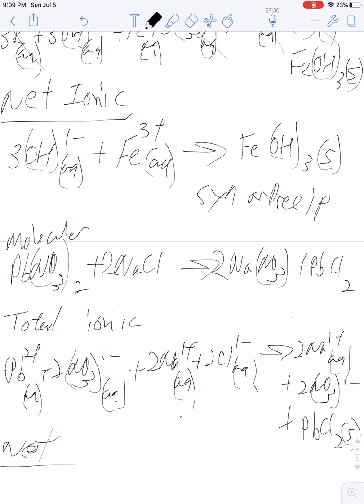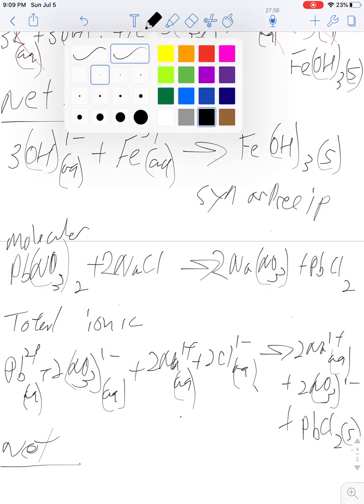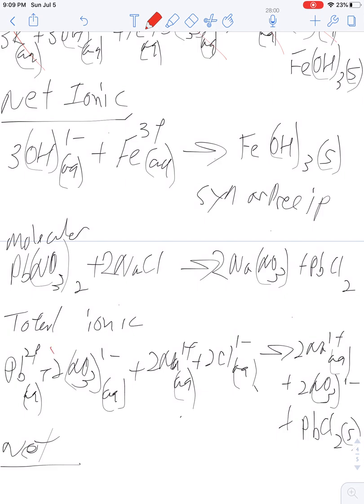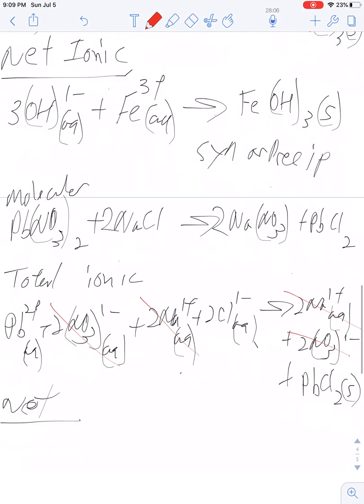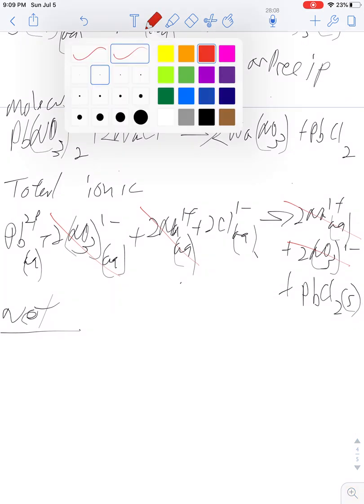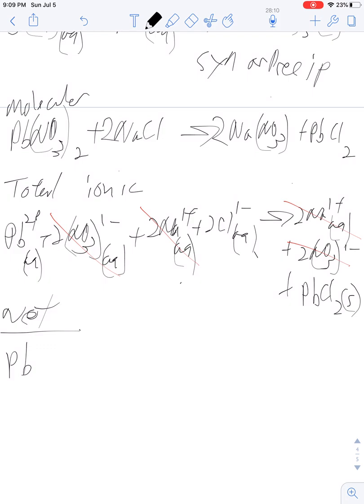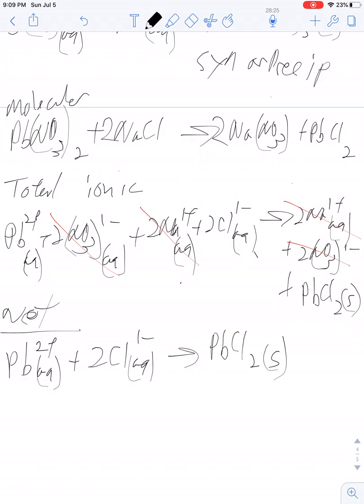For the net, cancel everything that's on both sides, the 2 nitrates and the 2 sodiums, and then what do we have left? We have lead reacting with the chloride to produce insoluble lead chloride.